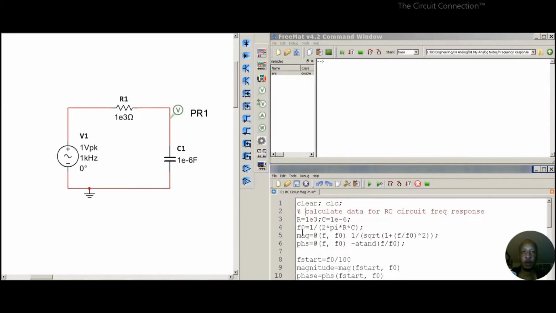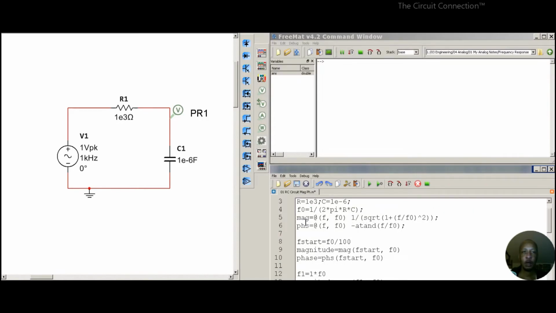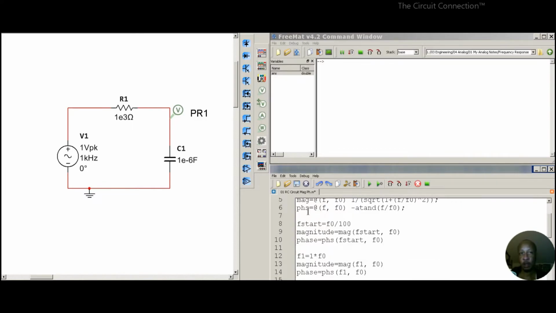My f0 is going to be, just like according to the slides, 2 pi times R times C. And for my magnitude function, just as we derived in the slides, it's going to be 1 over the square root of 1 plus (f divided by f0) squared. That's going to calculate my magnitude in this circuit.